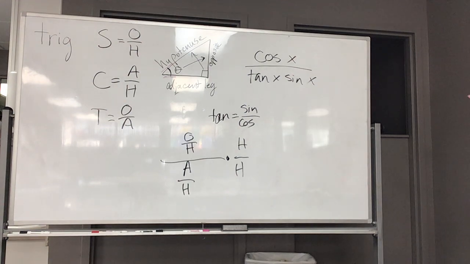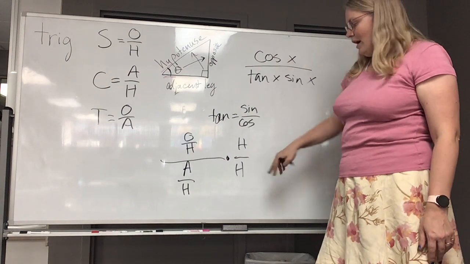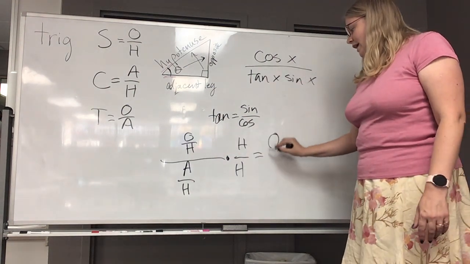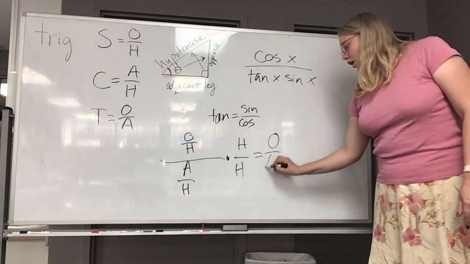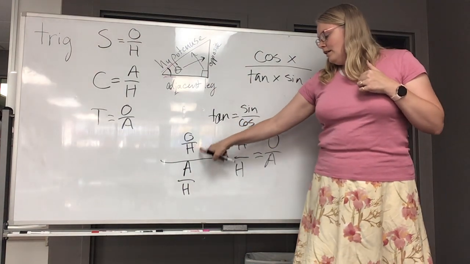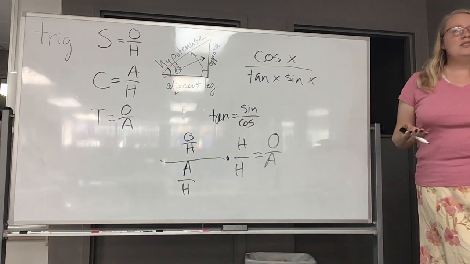If you were to multiply the top and the bottom by the same thing, this hypotenuse, h divided by h cancels, all we have left is opposite. H divided by h cancels, all we have is the adjacent. And so sine divided by cosine simplifies to tangent.